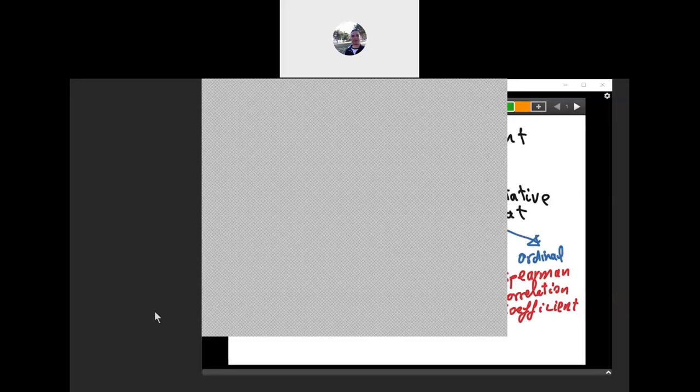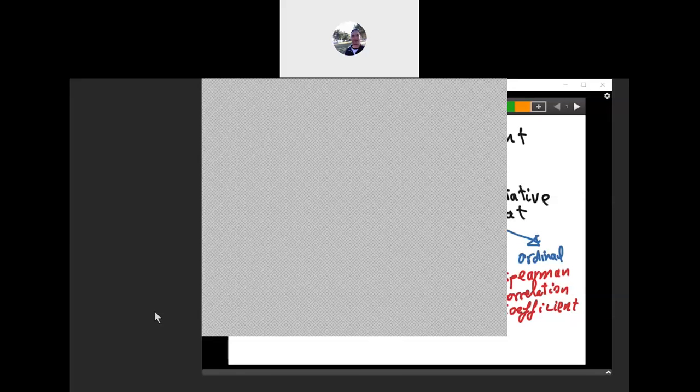So we can manage with this too before. What about the nominal one? So today we are going to use something called chi-square. We heard about it before.